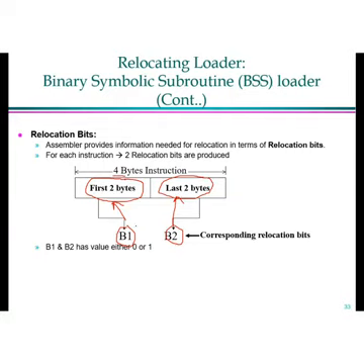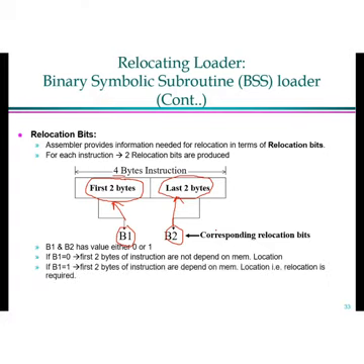If my first bit B1 is 0 as well as B2 is 0, 0 0 means the current instruction doesn't require any relocation. It is independent of the address, right? When the bit is set to 0, it says that particular bytes are not dependent on the starting memory location, so no need of relocation. If it is set to 1, the first 2 bytes need a relocation.